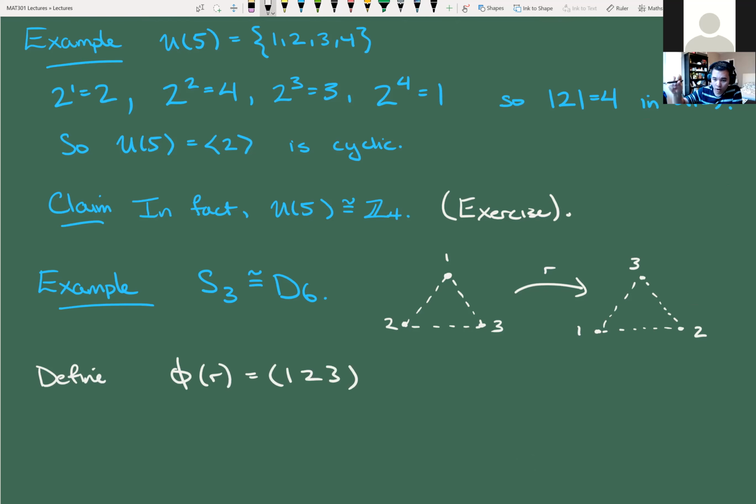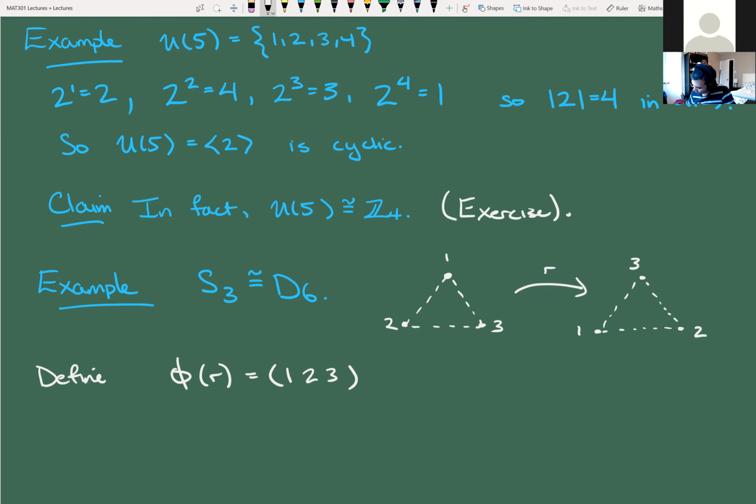The vertex 1 became, or sorry, 1, 3, 2, I guess. I should have done my vertices clockwise instead of counterclockwise. But 1 went to where, did I screw this up? Oh no, it is 1, 2, 3. Sorry. Right? 1 went to where 2 was, 2 went to where 3 was, and 3 went to where 1 was. Right? So there's a very real sense in which that permutation is like this.